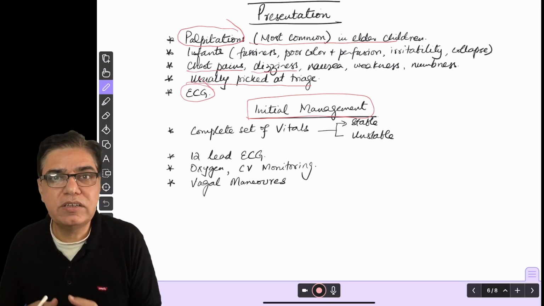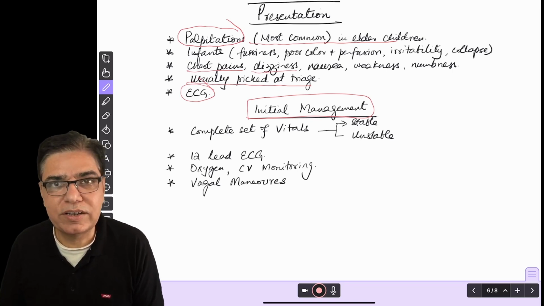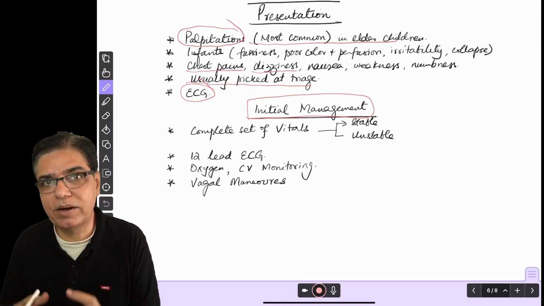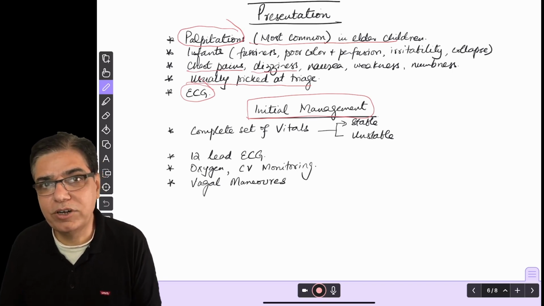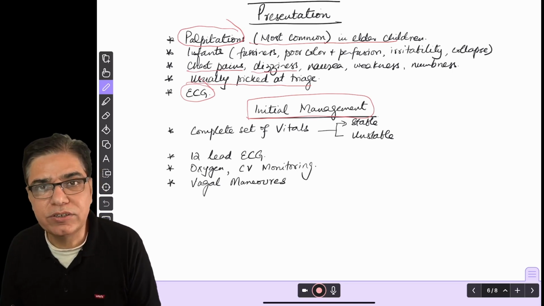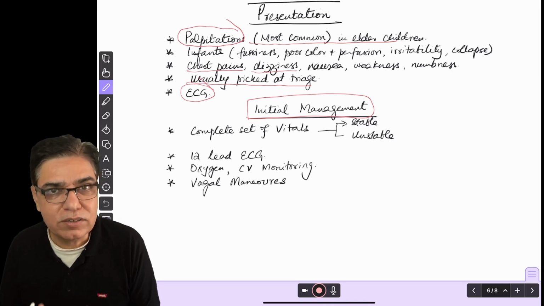So in infants the symptomatology could be quite subtle, and when you are doing the triage and taking the vitals, you'll pick up an abnormally fast heart rate, usually more than 250 beats per minute.